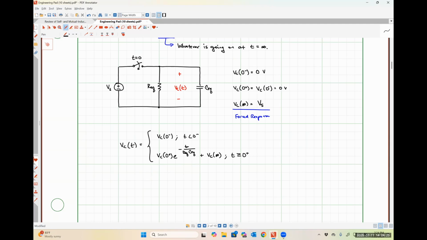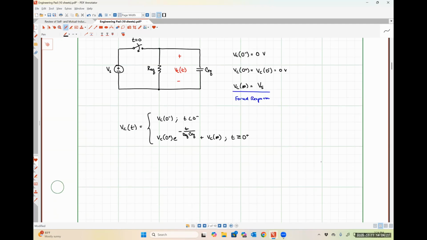So let's look at what happens at t equal to 0 minus here. At t equal to 0 minus, we have VC of 0 minus, which is 0 volts. Nothing wild or crazy there, exactly what we would expect.